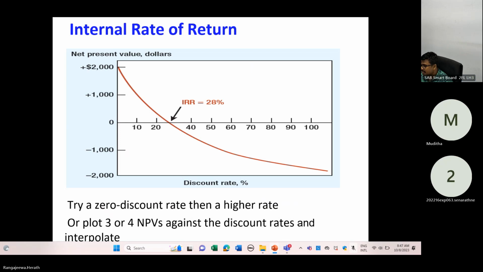This is the expected rate of return, right? So basically IRR, say 28%. This is the percentage at which NPV becomes zero.